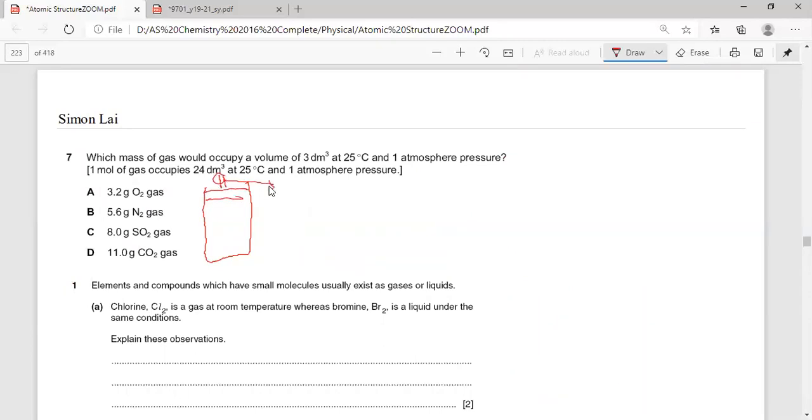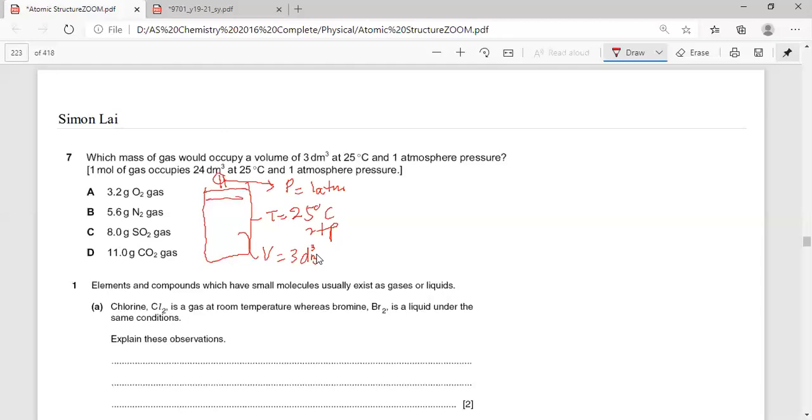They say here the mass of gas occupies 1 atmosphere, so pressure is 1 atmosphere. Temperature equals 25. This of course is RTP, room temperature and pressure conditions. And here the volume of the gas is 3 dm cube.